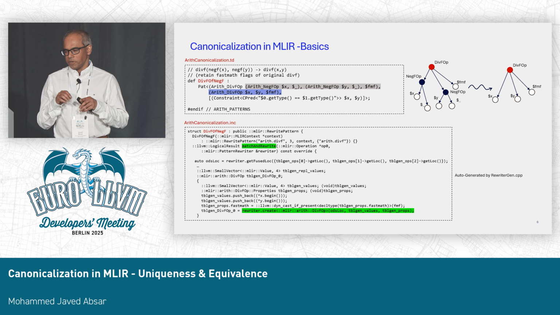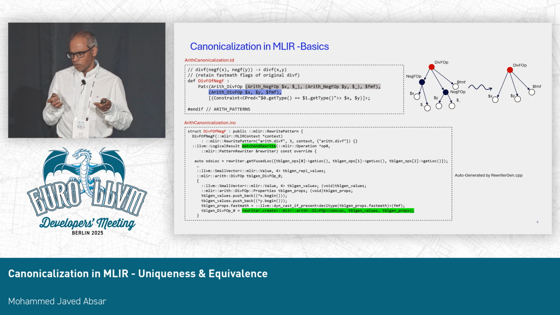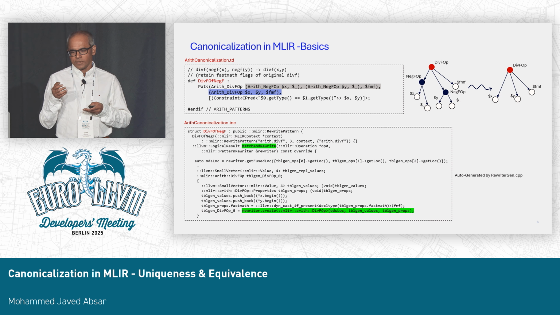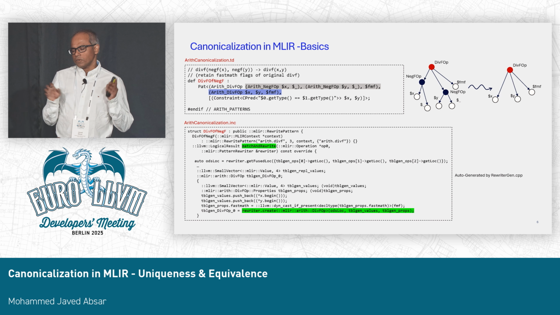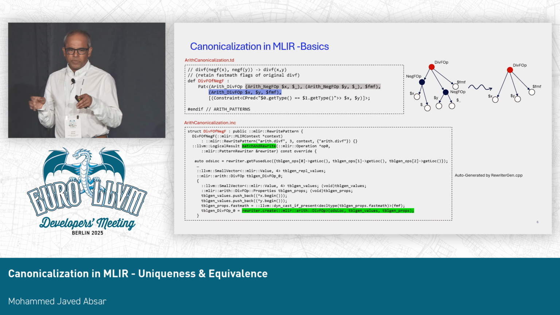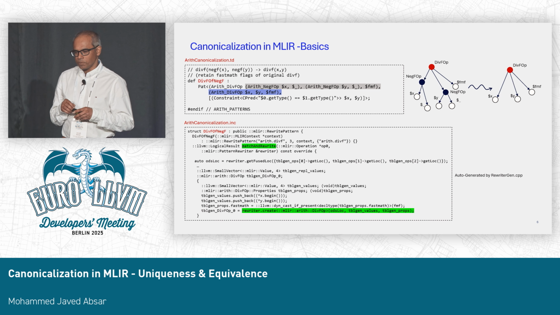Basically replacing the operands, etc. So instead of taking the negatives of the two operands, you just straight away do the division. You write this DAG pattern, and the TableGen backend, in this case RewriterGen.cpp, will auto-generate for you the match and rewrite code that we saw earlier. It just builds the boilerplate code, so you get the job done with less code.